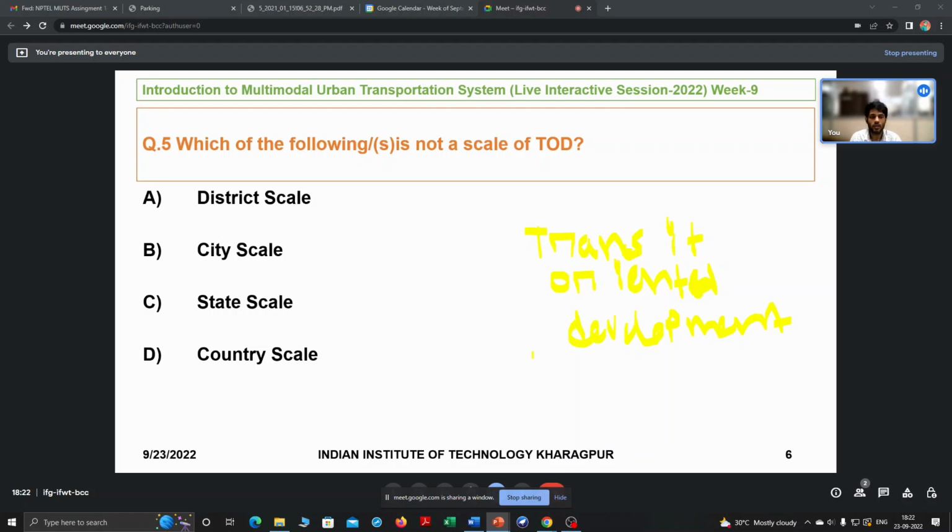It is not that along the whole district you need this kind of development, because it may sometimes be costly also. So it should not be at such a large scale, like a district scale or state scale or even country scale. If it is at country scale, then you do not require transit oriented development.